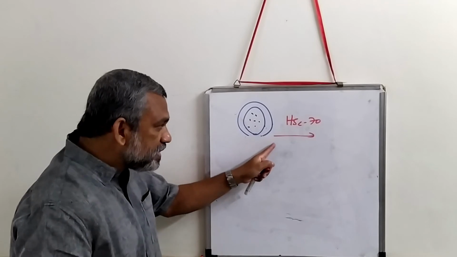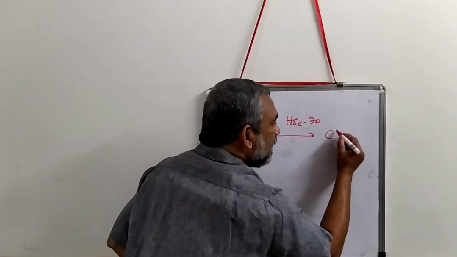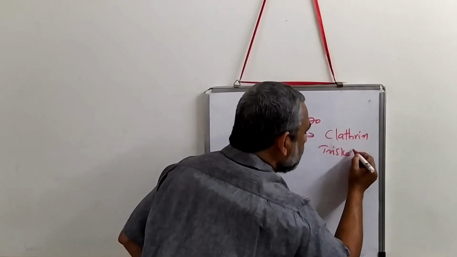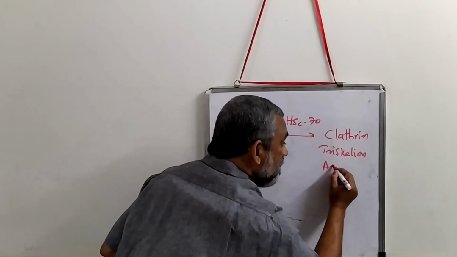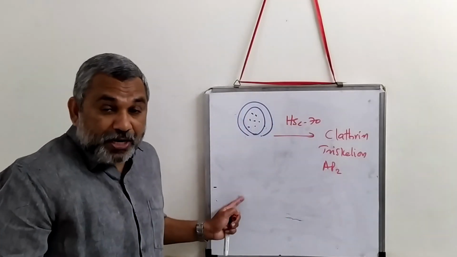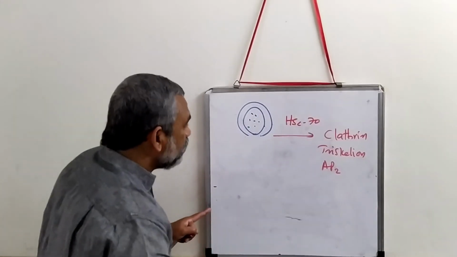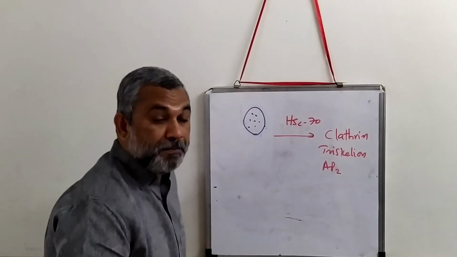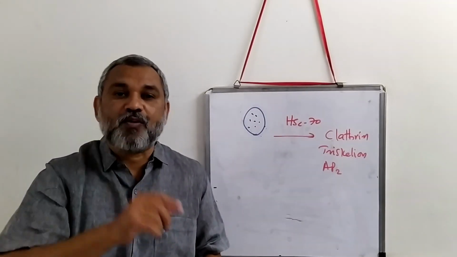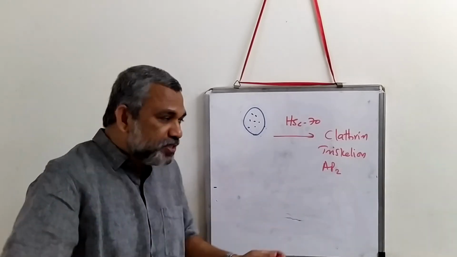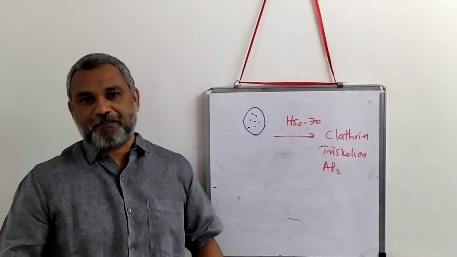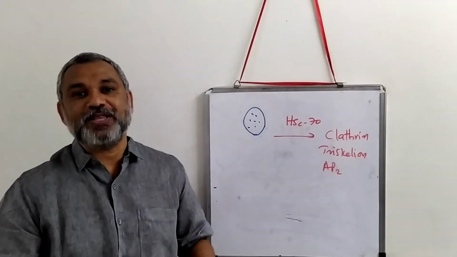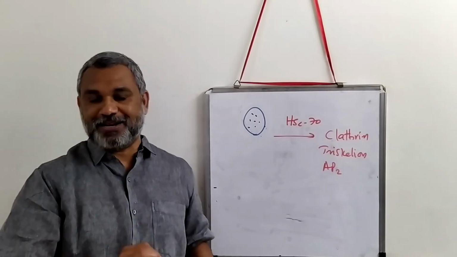So ATP hydrolysis is needed, and that will result in the clathrin, the triskelion, being removed, plus the AP proteins are removed, they are all removed from this coat. So it will become a naked vesicle which is capable of merging with the required place. So the endocytosis process happens in this way. This is how it forms a vesicle and how it gets merged with the target organelle.